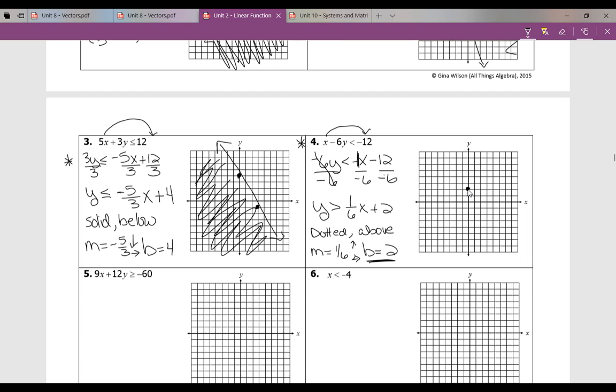So from that beginning point, we count up 1 and then over to the right 6 places. That's not a very steep line, but it is still positively tilted because our slope was positive. Make sure you connect those with a dotted line. And then you will shade everything above that line.